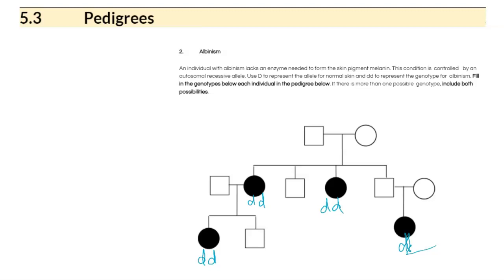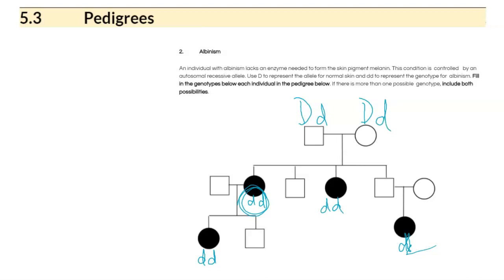When I look at my little d, little d here, that means both parents had to contribute the little d allele for that trait. Otherwise, there would be no albinism. That tells me right off the bat that both mom and dad, in this case, have to be heterozygous. Otherwise, there's no getting the little d, little d.